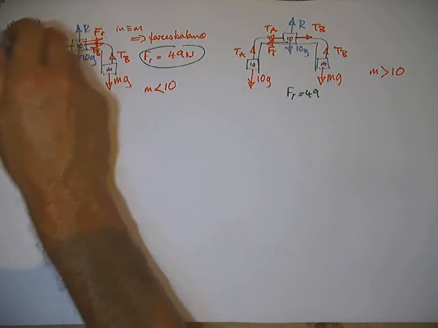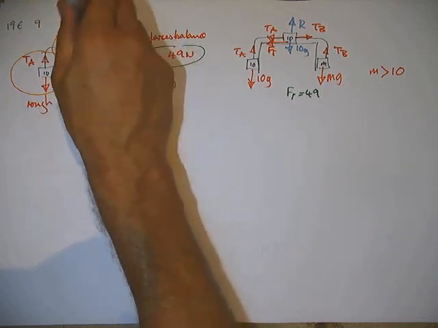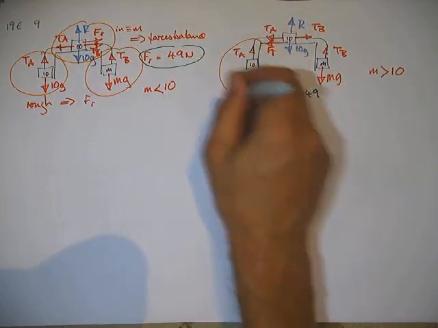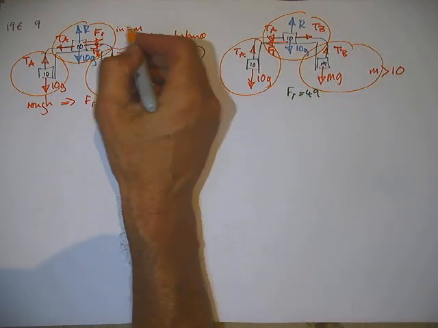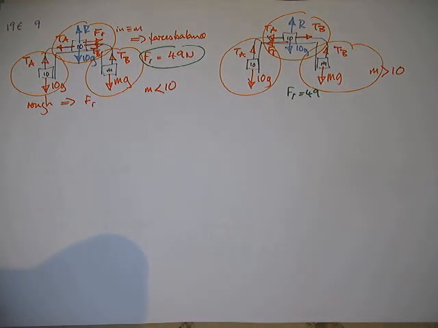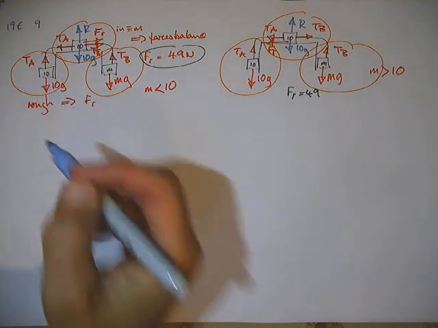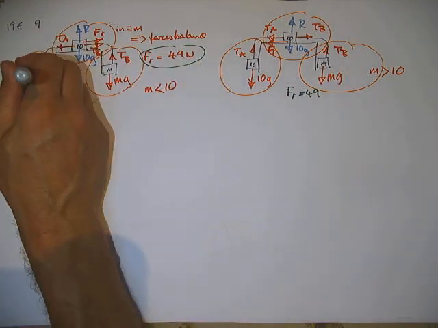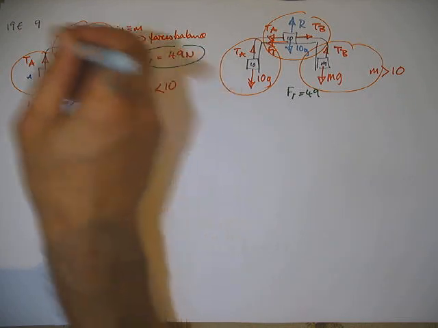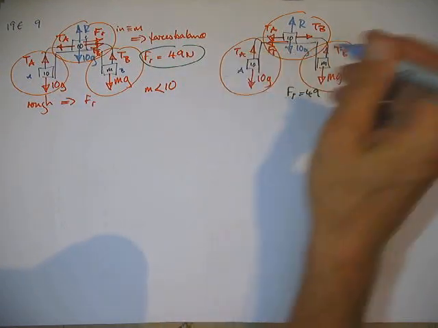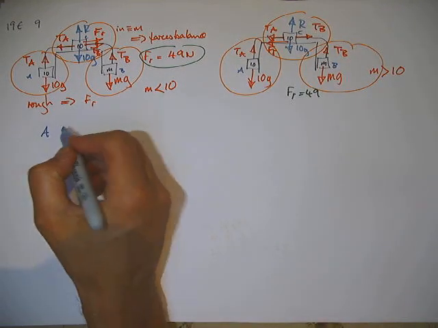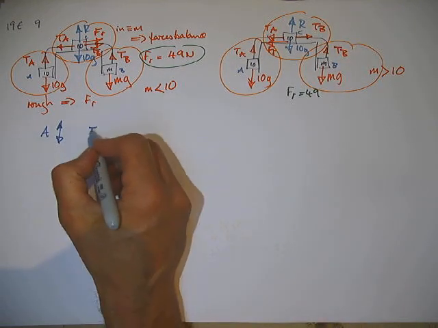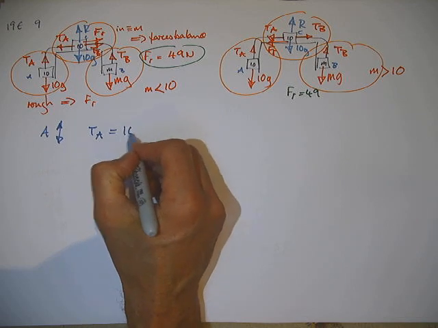So what are we going to do? We're going to do balancing equations for each part of the system. Why balancing equations? Because it's in equilibrium. So I'm going to write for this one here, let's call them A, B and C. For A, working vertically, TA must balance the 10g.